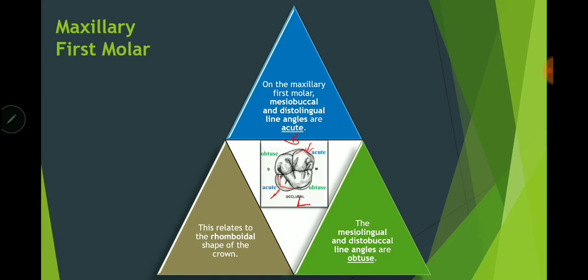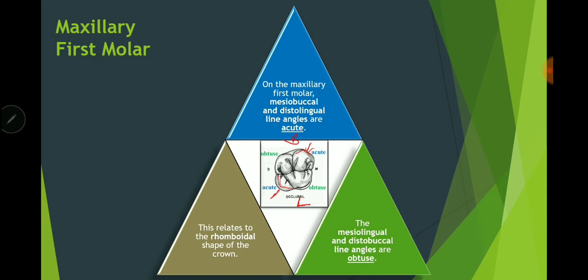And then you have the obtuse ones, okay? The best way to remember is that these angles are opposite to each other. In the maxillary first molar, the cusp that you're supposed to remember the most is the mesiolingual cusp, okay?